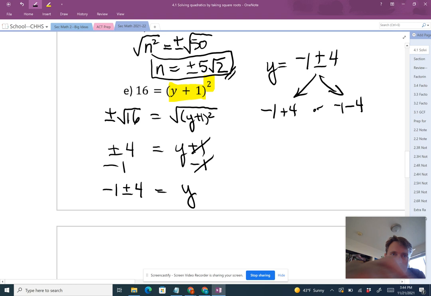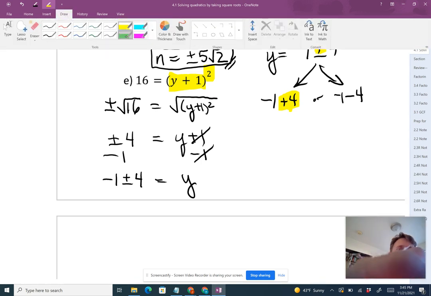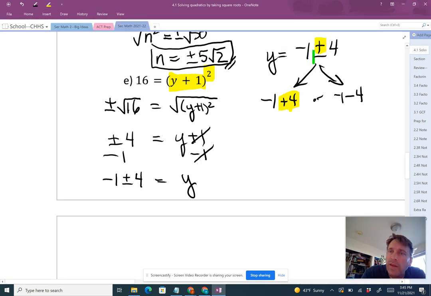Taking both the positive value here and the negative value over here. So there's the plus 4 and the minus 4. And negative 1 plus 4, that's 3. Negative 1 minus 4 is negative 5.